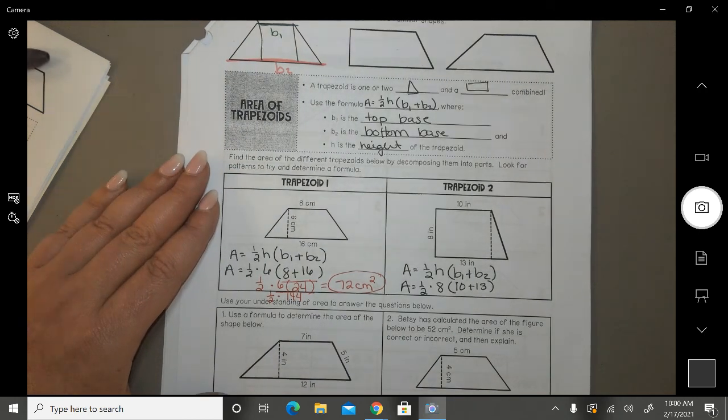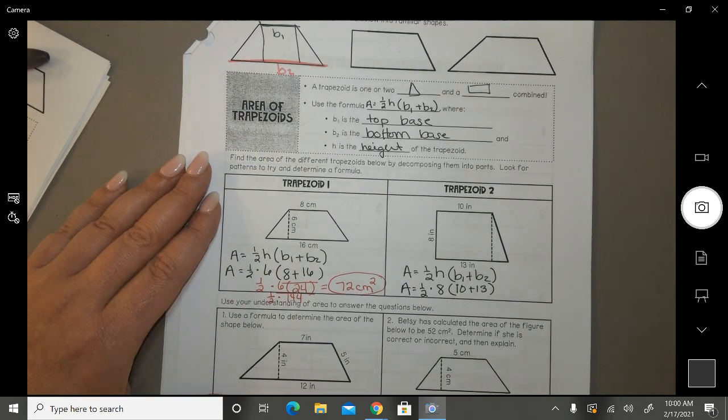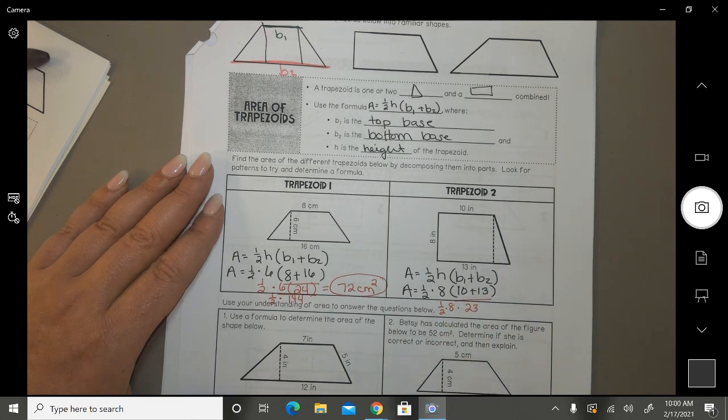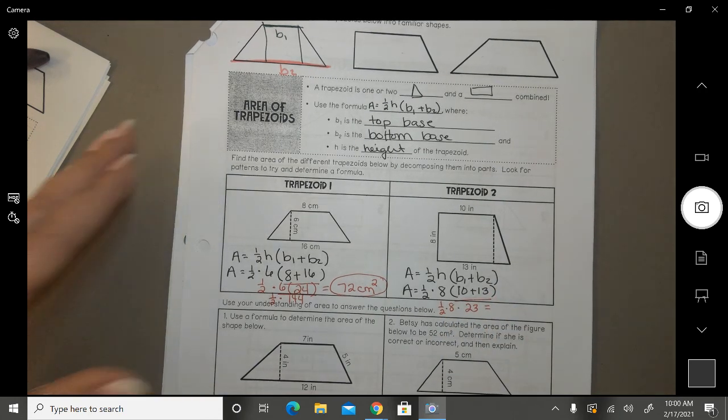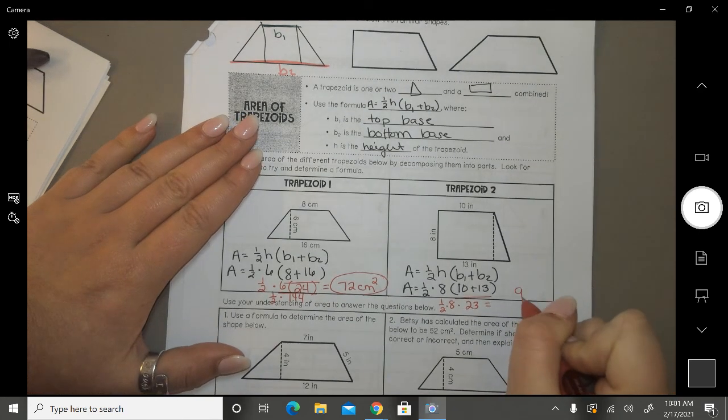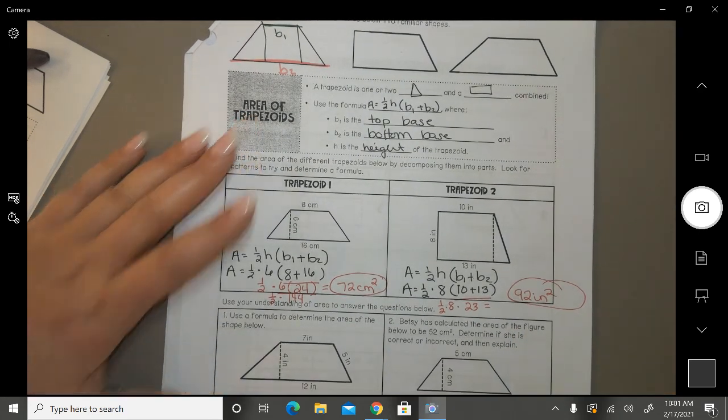What do I do first? Parentheses. So 10 plus 13 is 23. So 1/2 times 8 times 23 gives me what? Put it in your calculator. What does it give you? 92 inches squared.